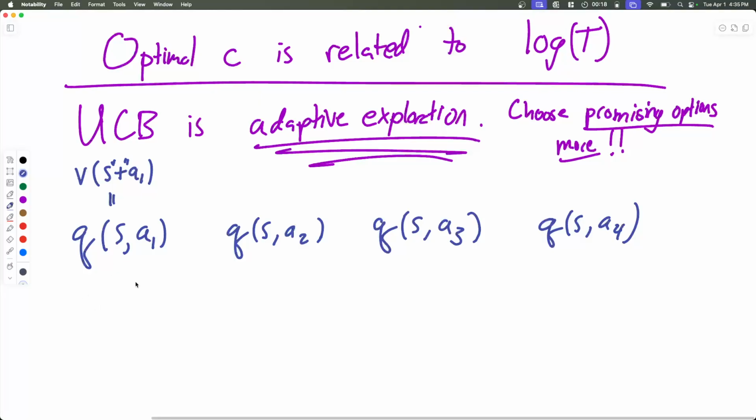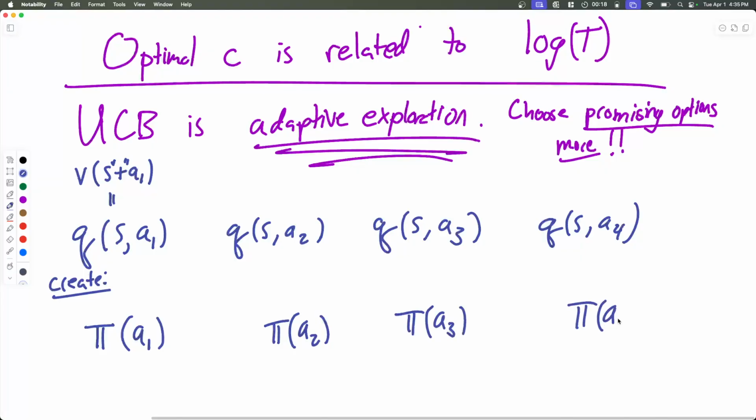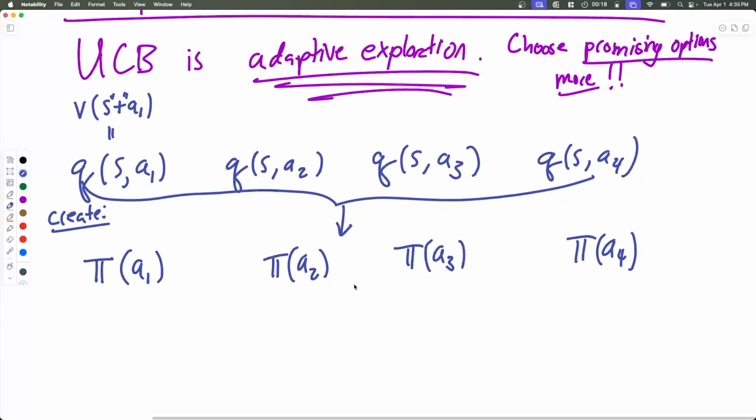So we're going to create probabilities, and some people use pi for these probabilities: pi of A1, pi of A2, pi of A3, pi of A4. We're going to condense all these Q values down into some probabilities, and we want pi of A to be large when Q of S,A is large.